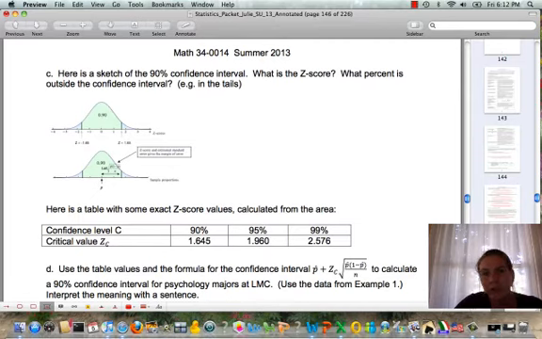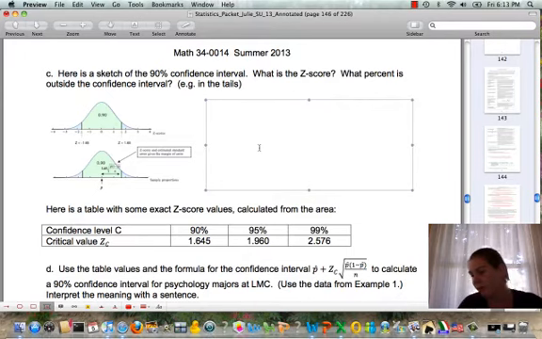So here's a sketch of the 90% confidence interval, and we want to figure out what the z-score is. If you look inside, you can see here's 90% inside, and then the z cutoff, they rounded it a little bit here. They put 1.65. We can see below it's actually 1.645 if we go to 3 decimal places.